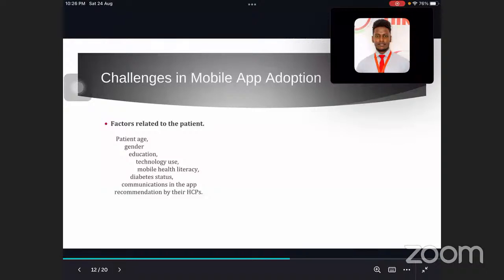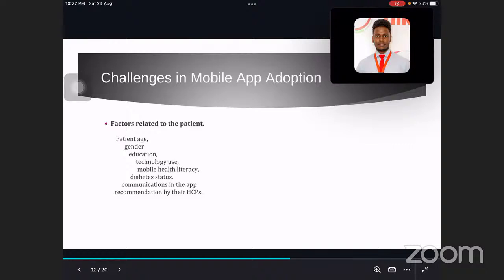There are many challenges in the use and adoption of these mobile apps related to the patients themselves, the features of the app, or the healthcare provider. Those three factors affect the adoption of diabetes self-management applications.